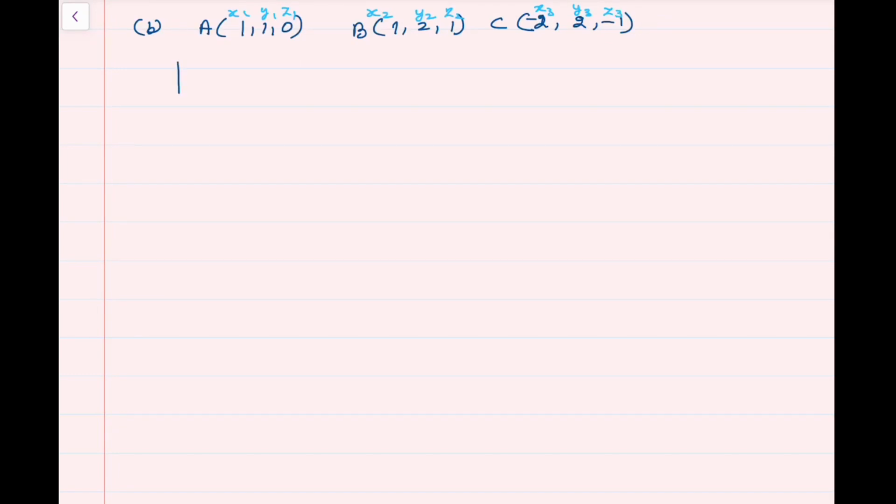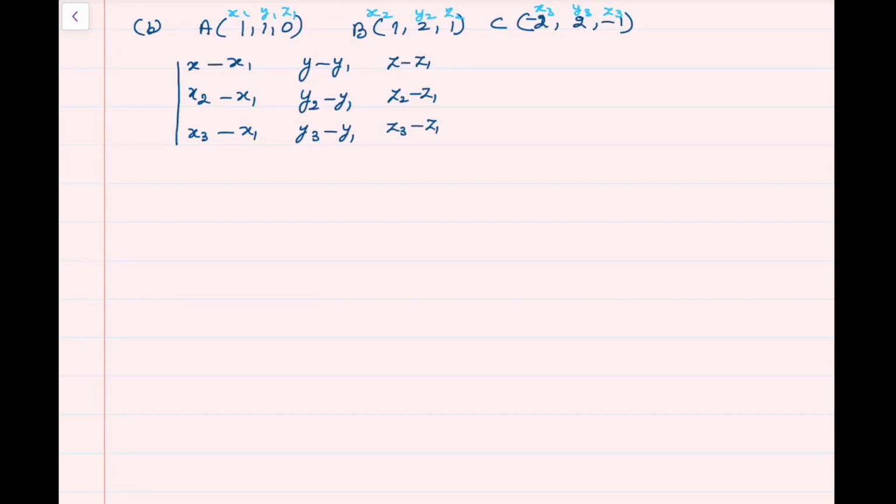Let us write the formula. X minus x1, y minus y1, z minus z1, x2 minus x1, y2 minus y1, z2 minus z1 and the last row is x3 minus x1, y3 minus y1, z3 minus z1 and equal to 0.